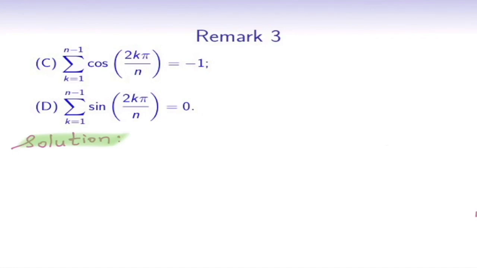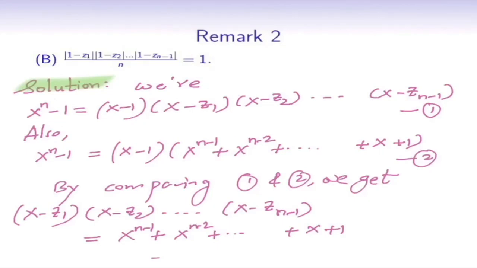So, how will we prove this one? From equation 1, we see that the sum of the roots of the polynomial xn minus 1, which is equal to 1 plus z1 plus z2 plus and so on up to zn minus 1 is equal to 0.